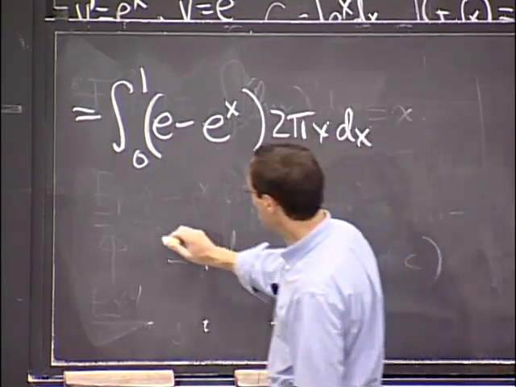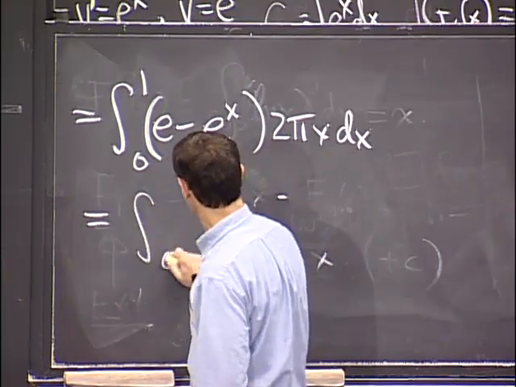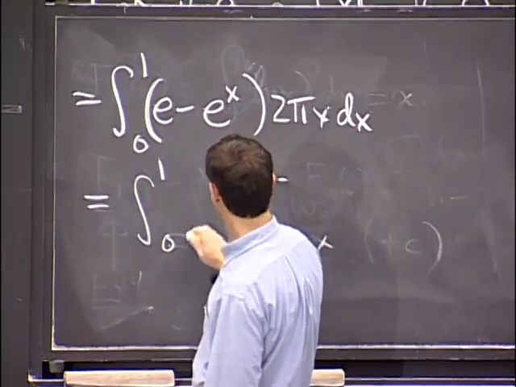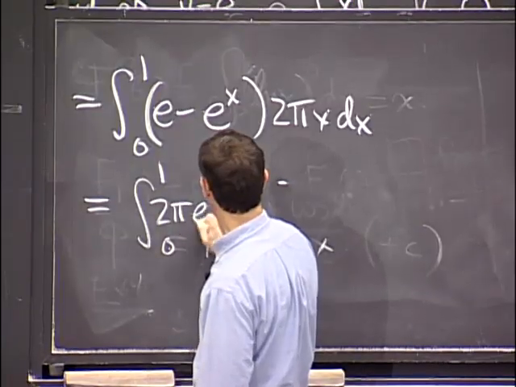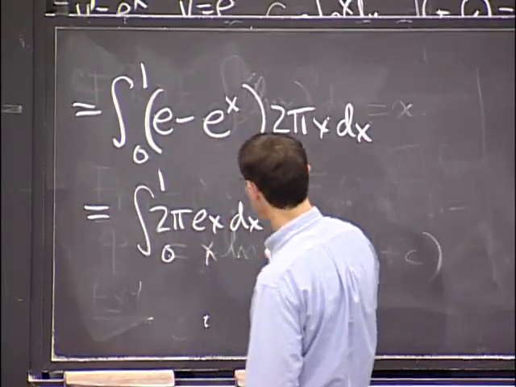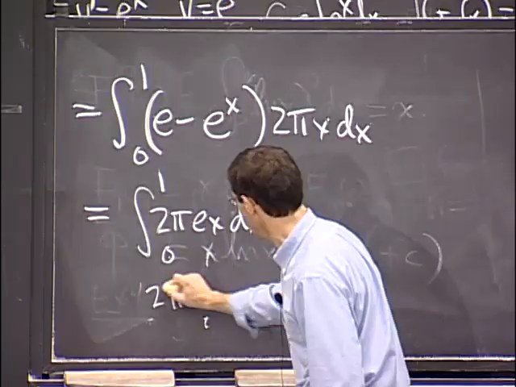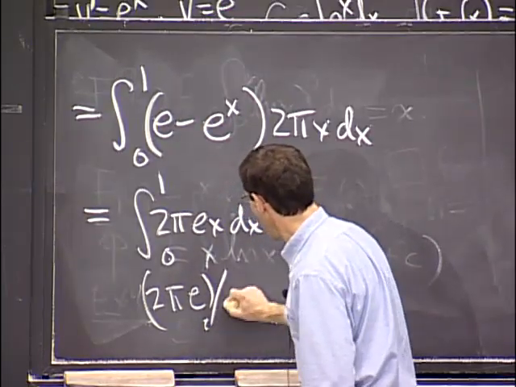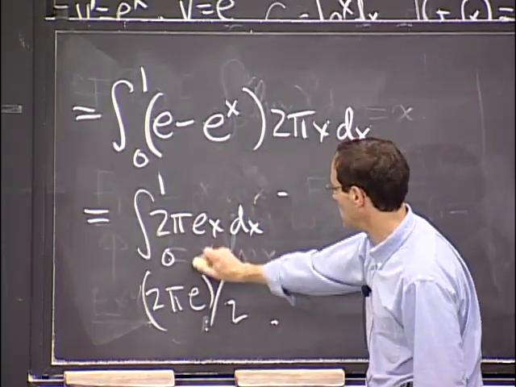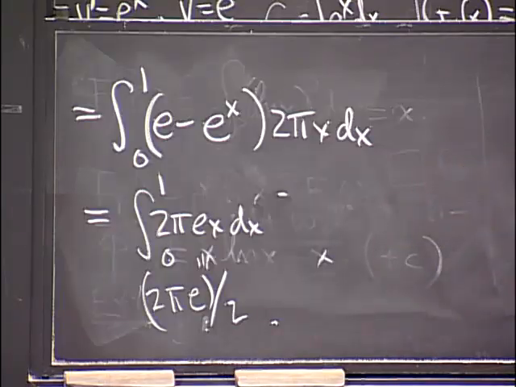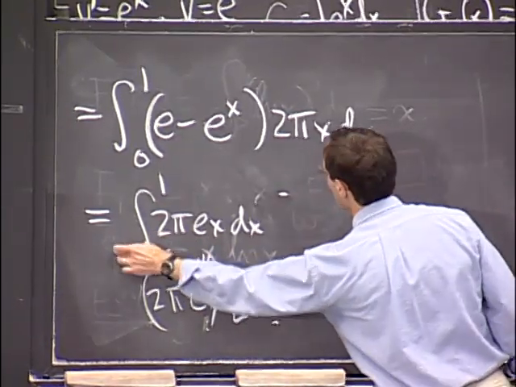And what you see is that you get the integral from 0 to 1 of 2 pi e x dx. That's easy, right? That's just 2 pi e times a half, right? This one is just the area of a triangle if I factor out the 2 pi e.